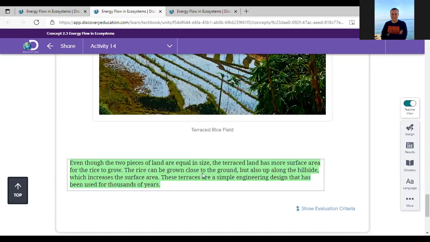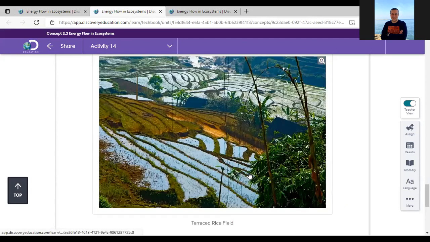The rice can be grown close to the ground, yes, but also along the hillside, which increases the surface area. These terraces are a simple engineering design that has been used for thousands of years. So, as you said, the terraced rice land will produce more rice.